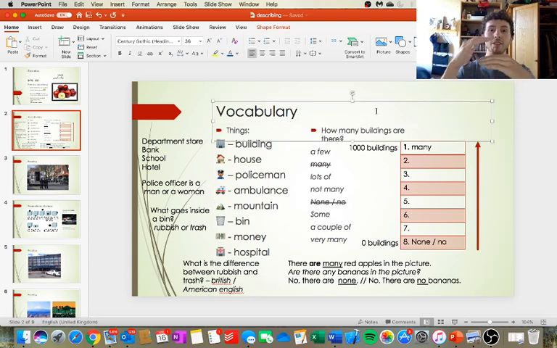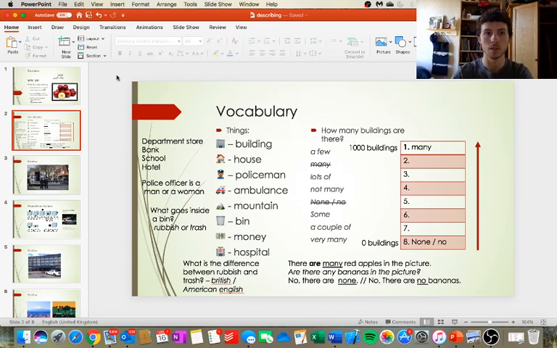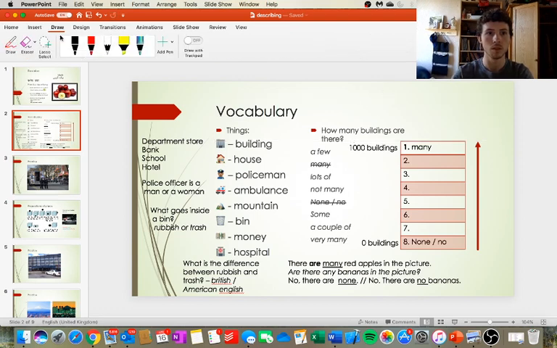So is very many above many or below many? Very, very many. Is it above many or below many?